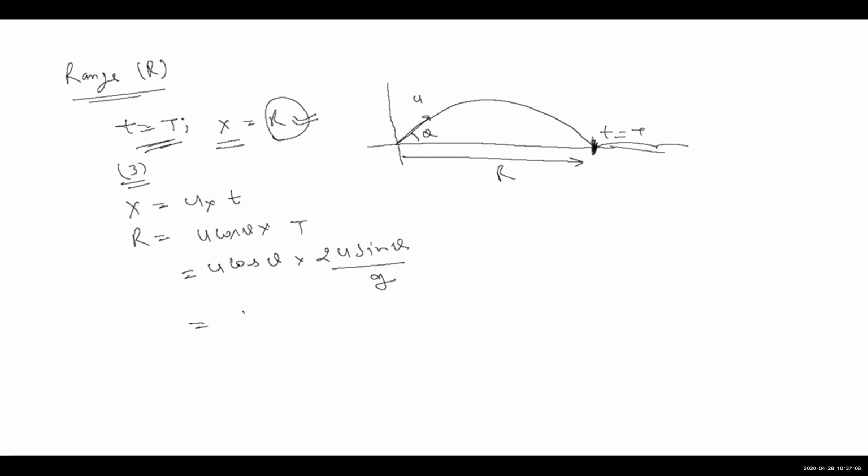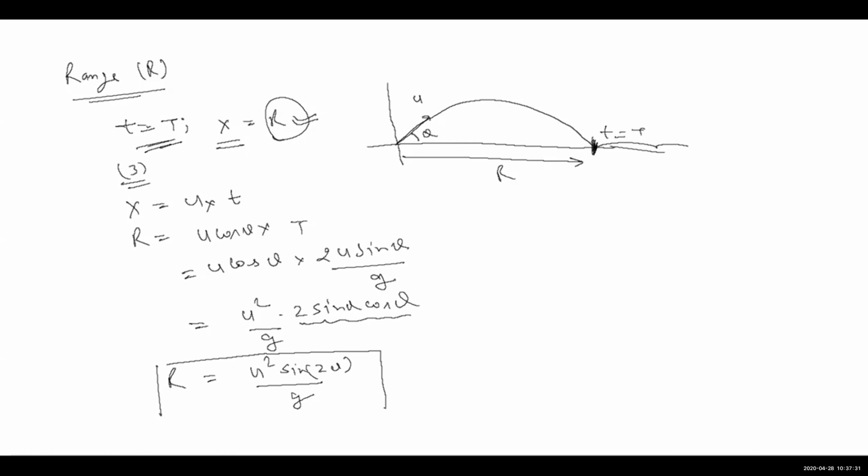Which will become 2 u square sin theta cos theta upon g. What is this? Sin 2 theta. So R becomes u square sin 2 theta upon g.